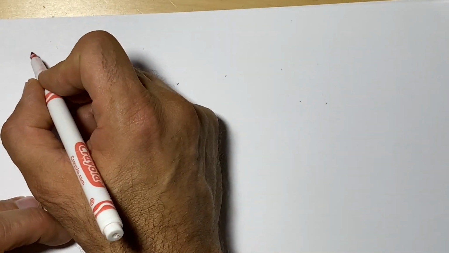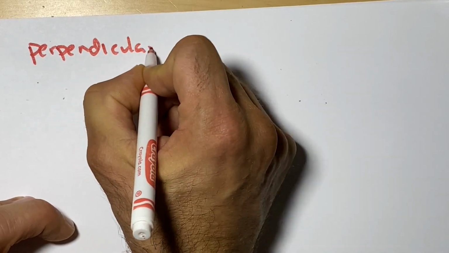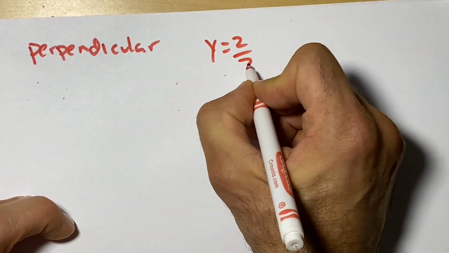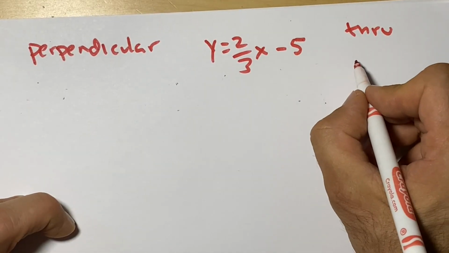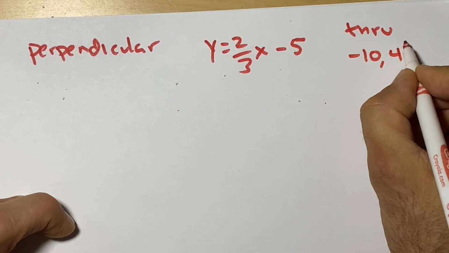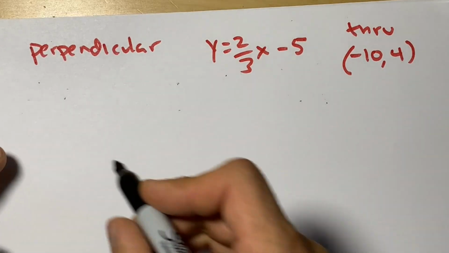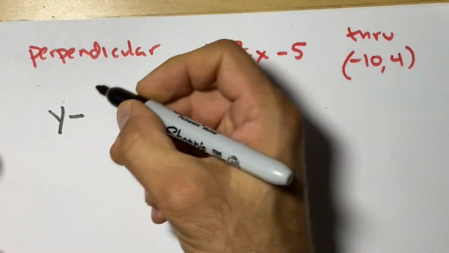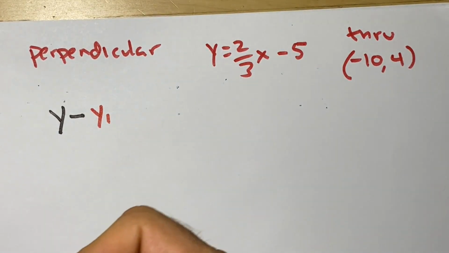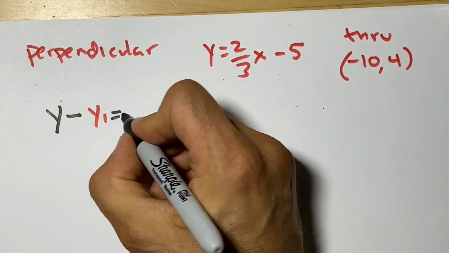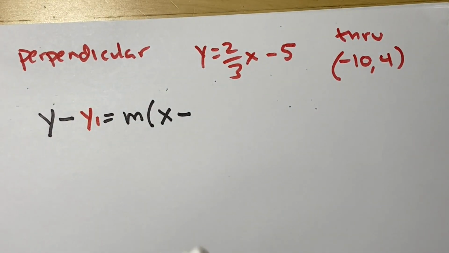We're going to now do perpendicular. We're going to write an equation perpendicular to y equals 2/3 x minus 5. And we're going to pass through a certain point. So our formula is going to be y minus the y point is equal to the slope x minus whatever the x point is.